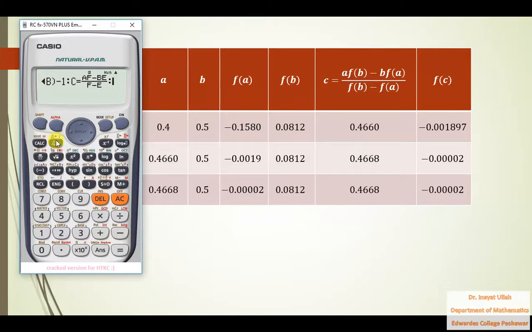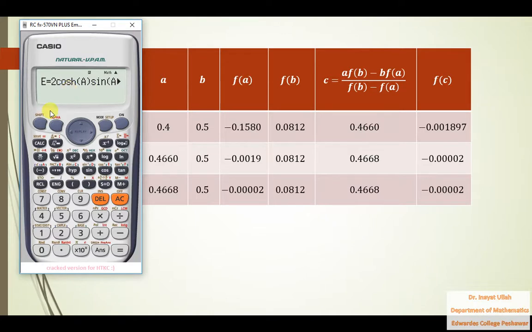So instead of x we need to write c here, so that is 2 cos hyperbolic c into sine of c minus 1. You see that all those functions f of a, f of b, c and f of c are written in this display.